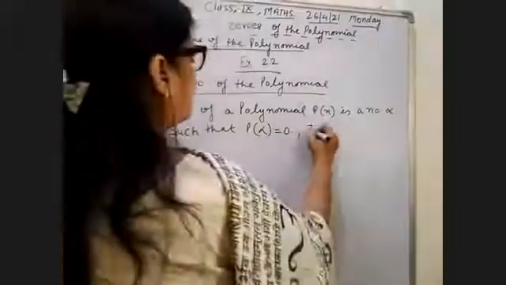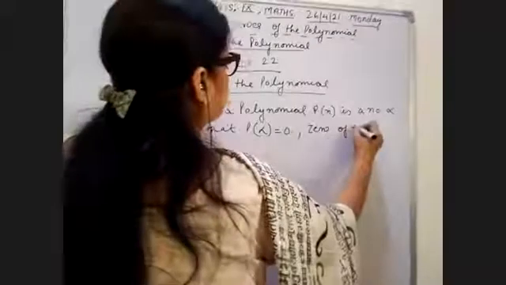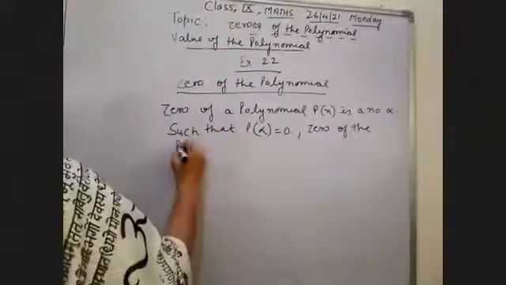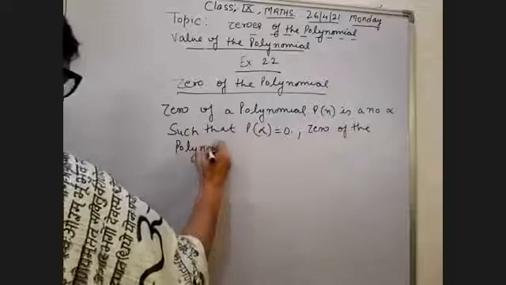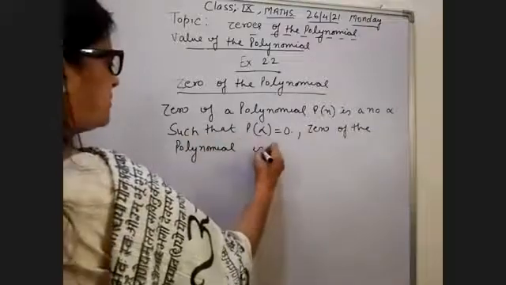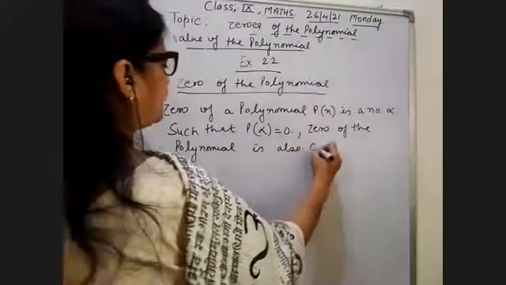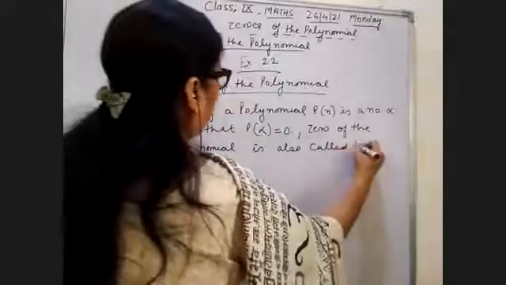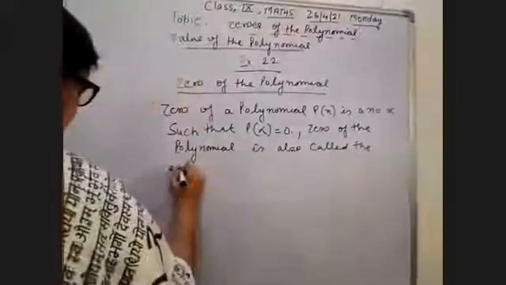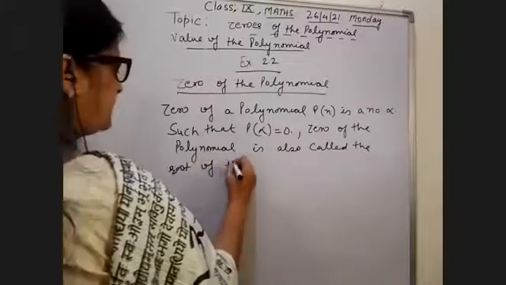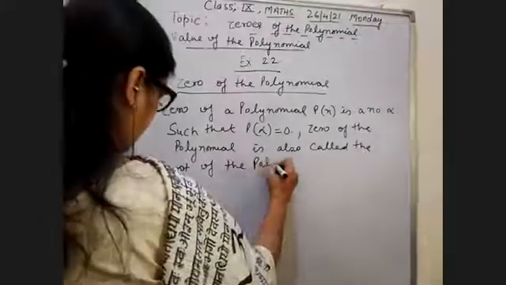Zero of the polynomial is also called the root of the polynomial equation.